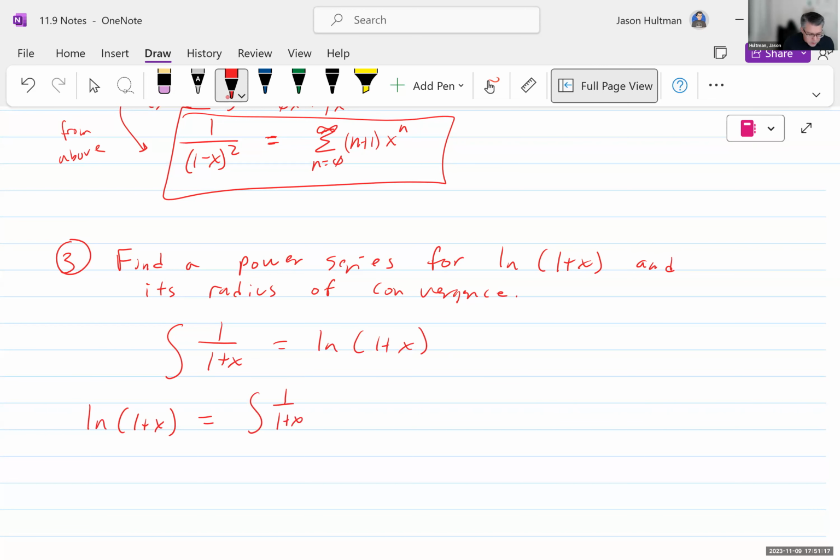And what was 1 over 1 plus x? We did that, and we didn't do that one. 1 over 1 plus x. Okay, this is going to be the integral of 1 over 1 minus negative x, which is going to be an alternating series.